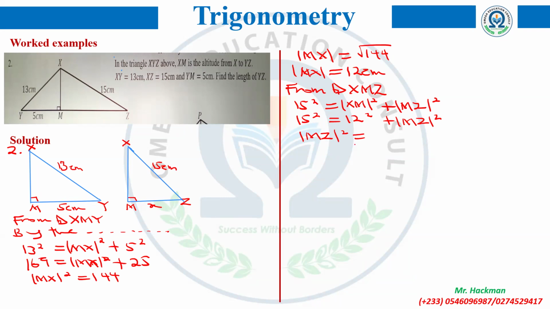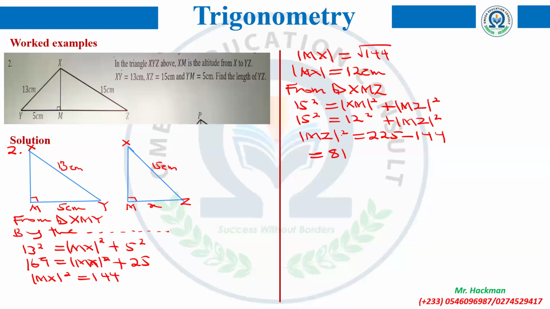So 15 squared will give us 225, then minus 144. Do you agree? Yes. So MZ squared will be equal to 225 minus 144, which is 81.